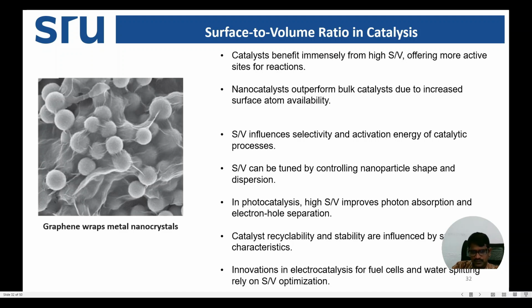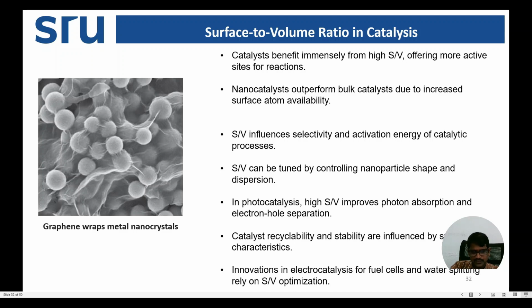That's why S by V influences the selectivity and activation energy of the catalytic process. Catalysis requires more active sites, more active atoms, more surface energy, so to have more surface energy, we need more surface area.